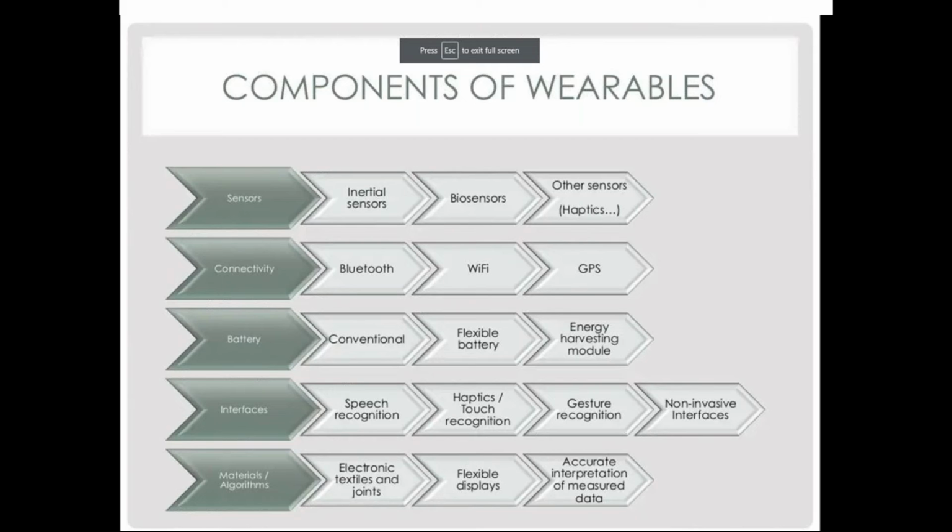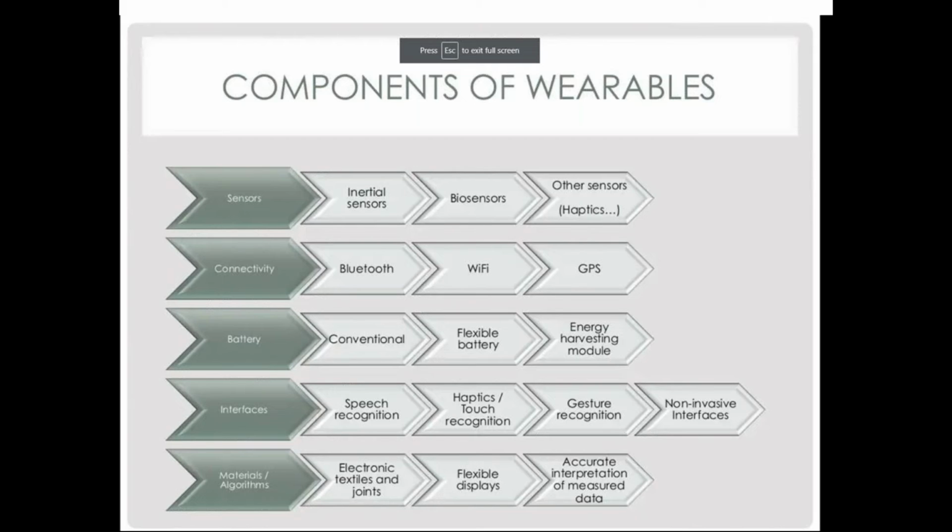No, we should be able to have speech recognition. With the wearable device, if I'm speaking, then, 'Alexa, set the reminder to 2 p.m.' Speech recognition shall be very useful for a variety of applications. Haptic and touch recognition, gesture recognition, etc.